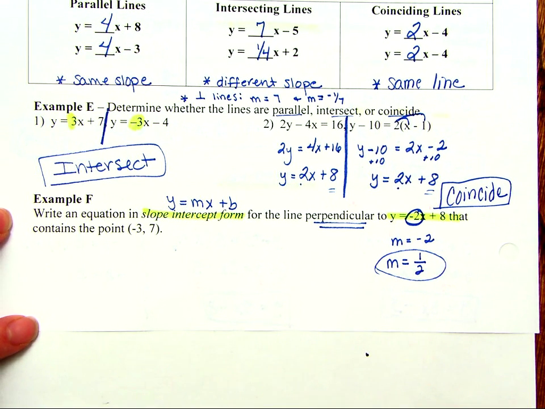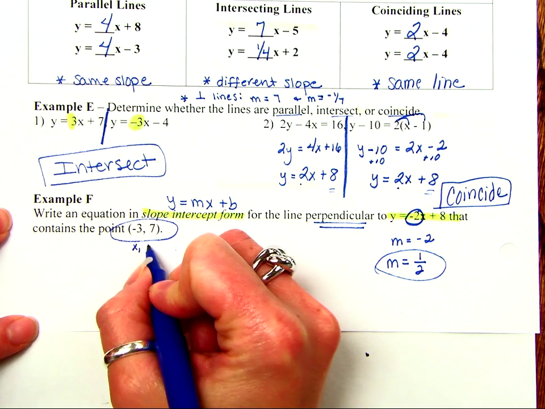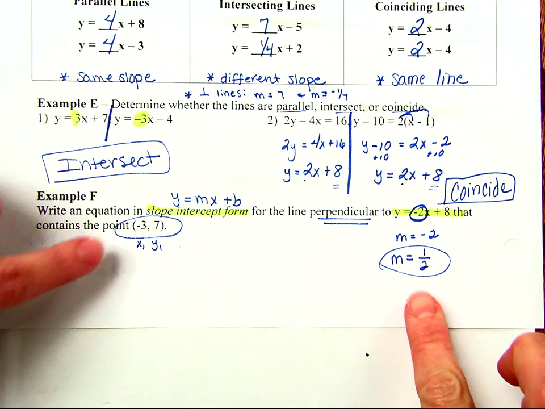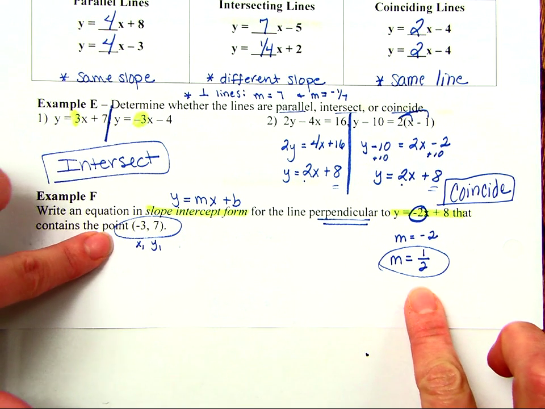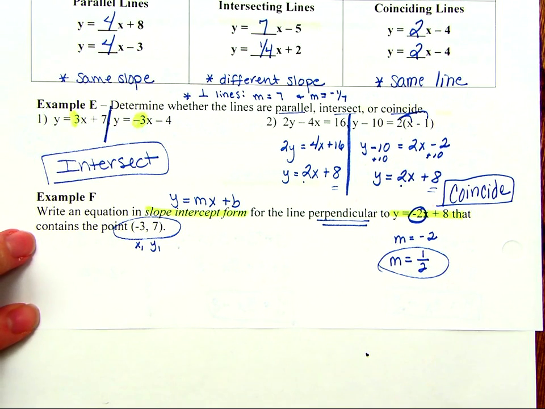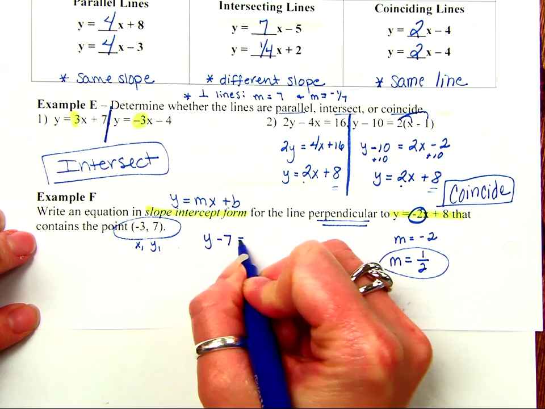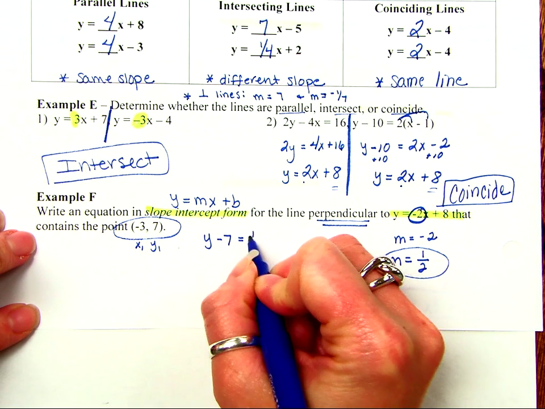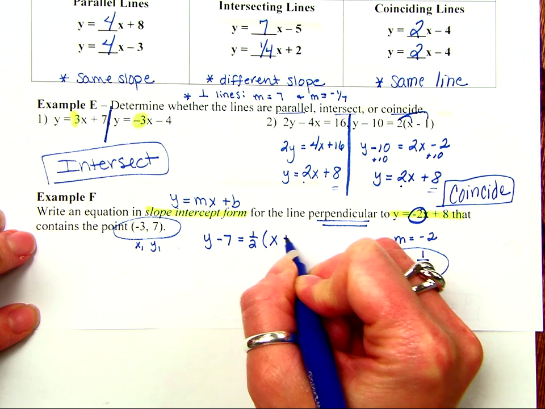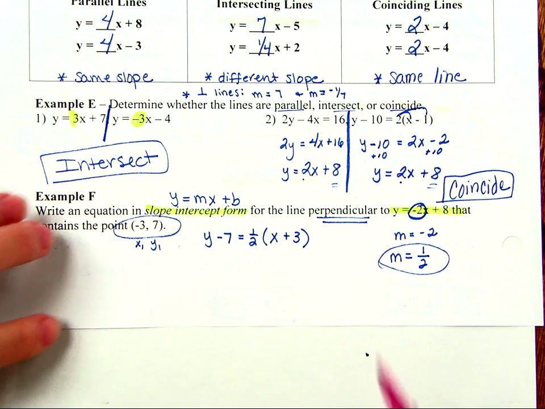It contains the point negative 3, 7, so that's actually going to be our x1, y1. Now I have a point and a slope. I'm going to plug that into point-slope form and then simplify. So we are going to start by saying y minus 7 equals 1/2 times x minus negative 3. I am going to need to get y by itself.